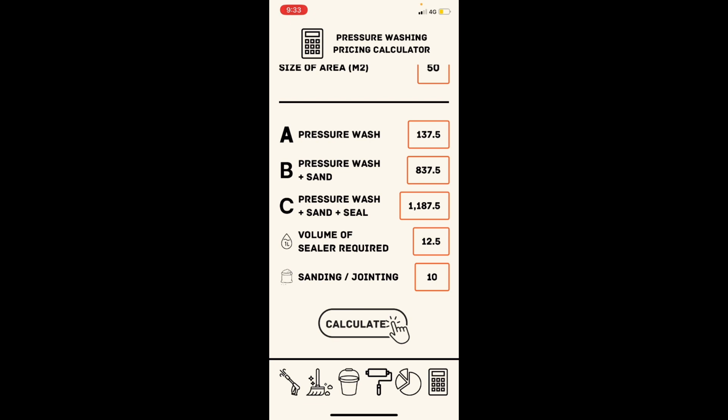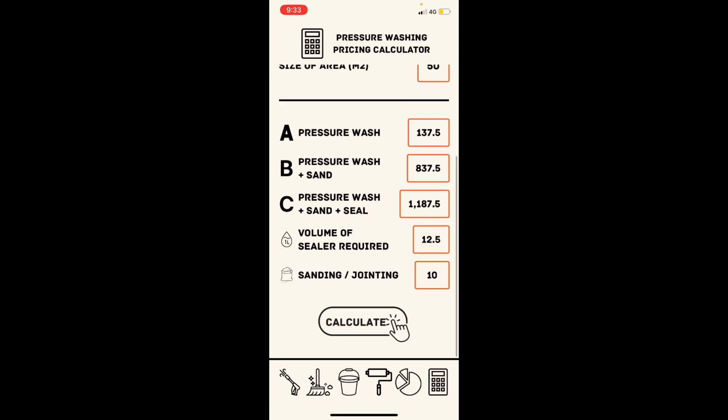Just as a little tip, if you know the sealer product comes in a big tub of 25 litres at a time, you're going to probably either buy one 25-litre tub of sealer, or you're going to buy 3 5-litre tubs of sealer, because 12.5 litres of product is required. So you can make that decision, and it will allow you to make a more informed decision.